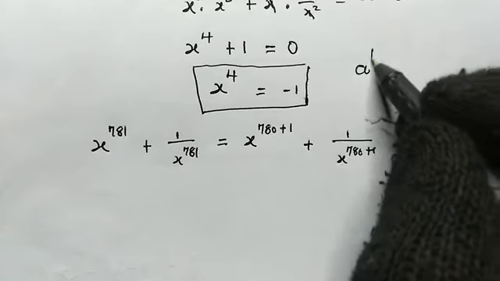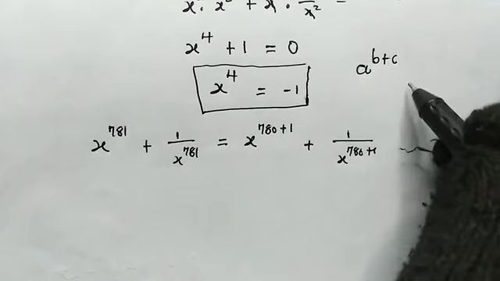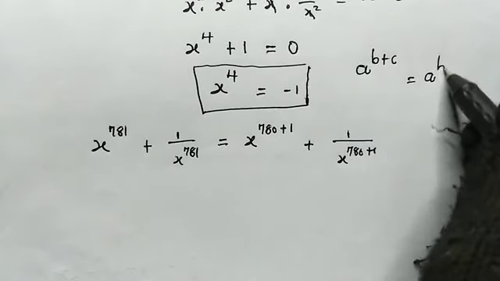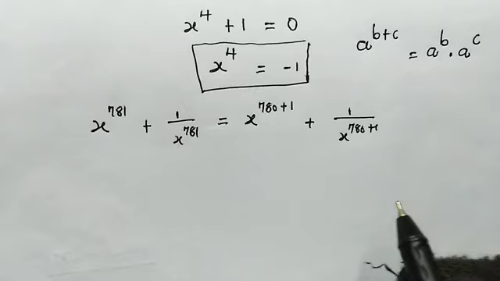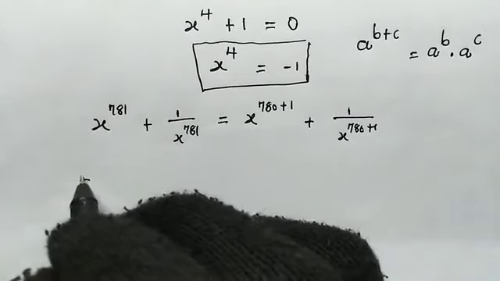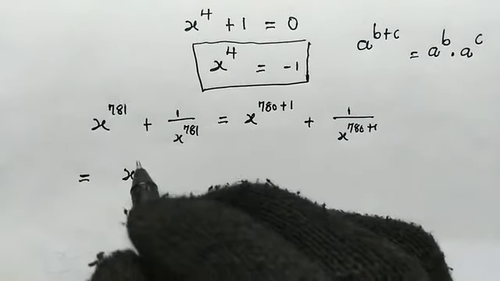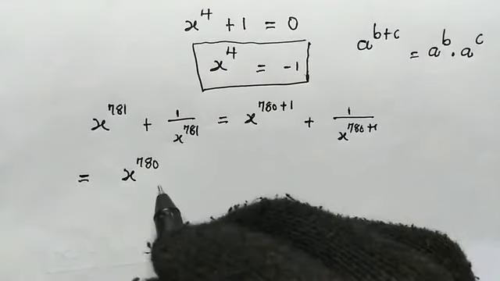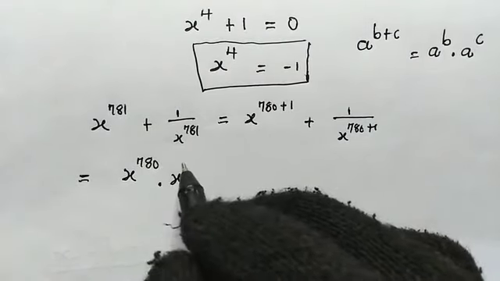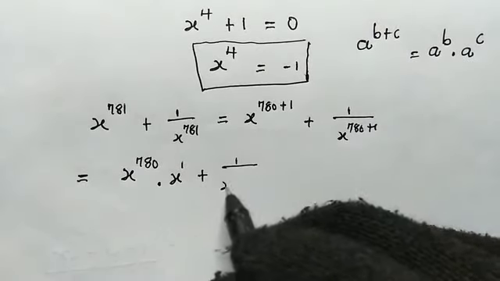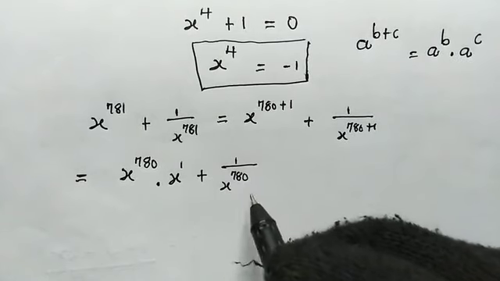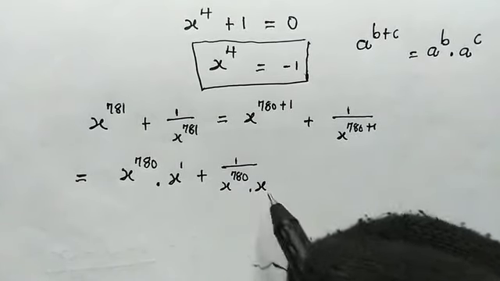When we have a to the power of b plus c, this is same as a to the power of b multiplied by a to the power of c. So from here, this will be equal to x to the power of 780 multiplied by x to the power of 1, then plus 1 all over x raised to the power of 780 multiplied by x.